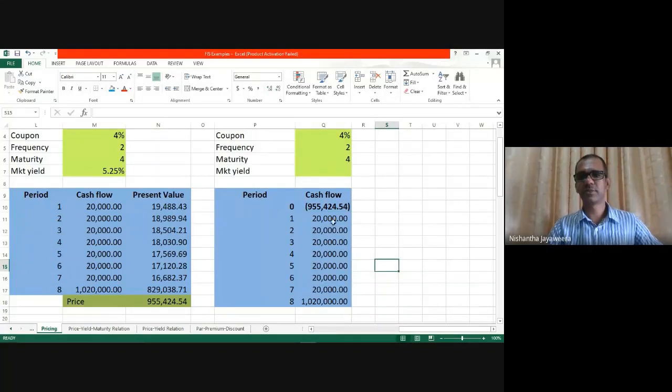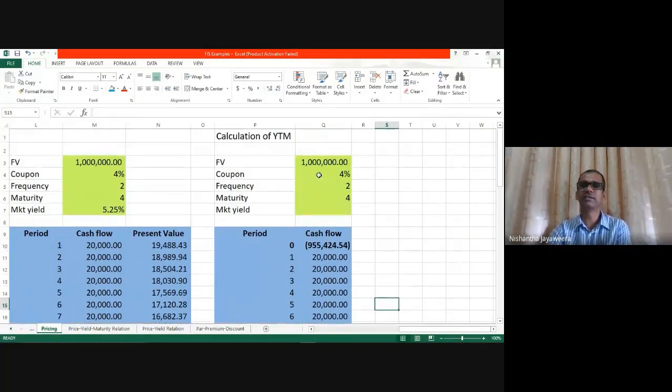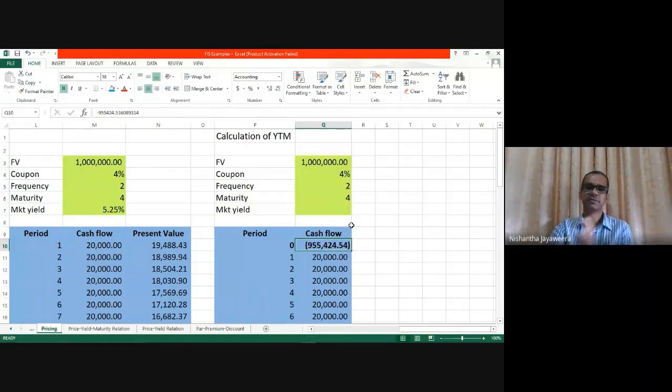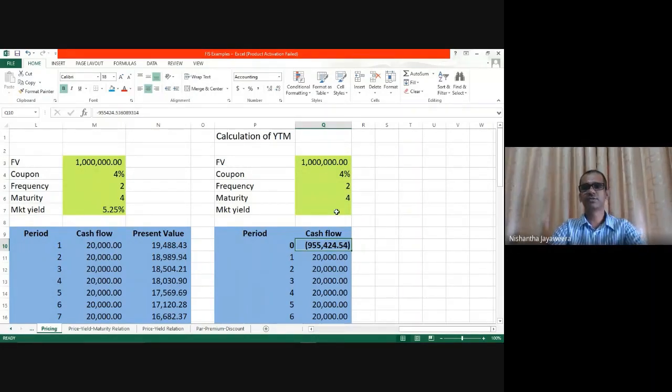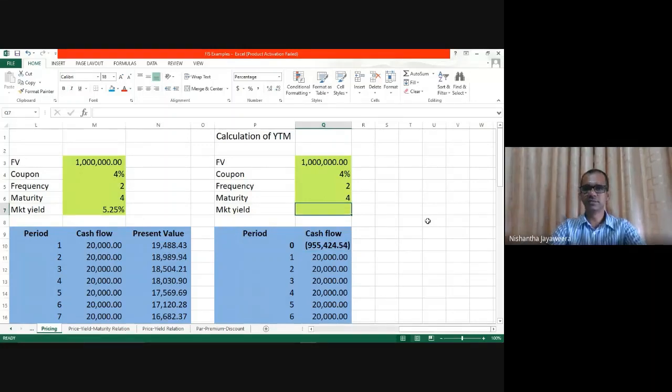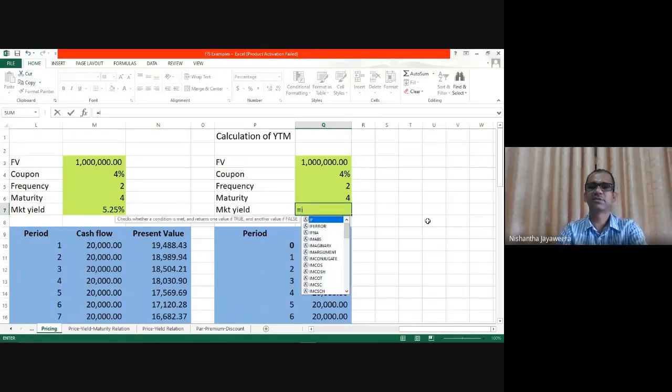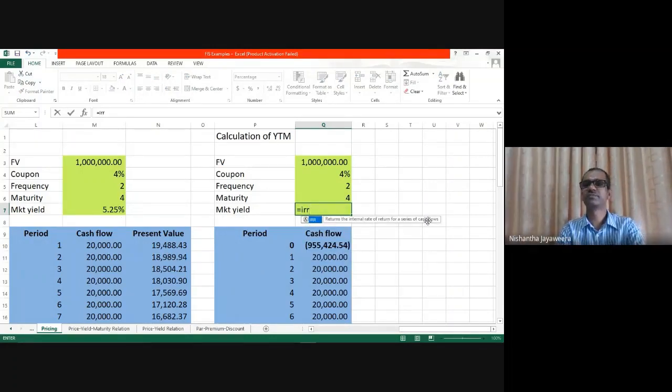Once we prepare this cash flow, we need this information just to prepare the cash flow, and this is the price that we pay to buy this bond. Then we need to calculate the yield. For that, in Excel, there's a function called IRR.